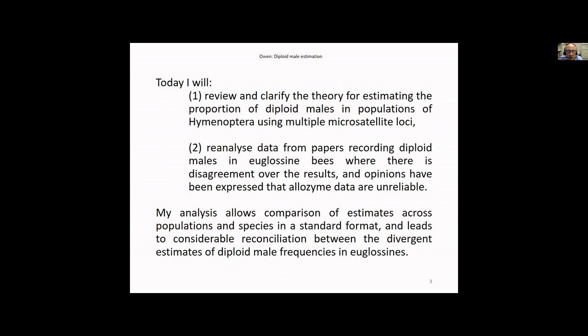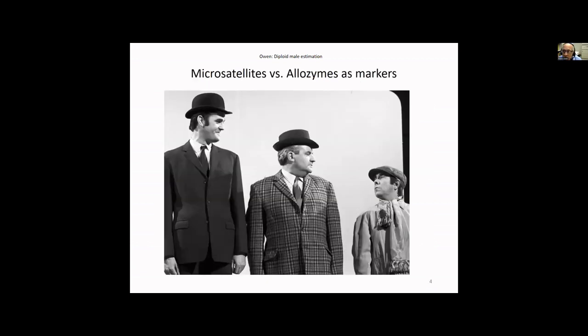Then I'll reanalyze data from papers both with allozymes and microsatellites, and this will allow a comparison across species and populations in the standard format, and it will actually lead to considerable reconciliation between the divergent estimates of diploid male frequencies in these bees.